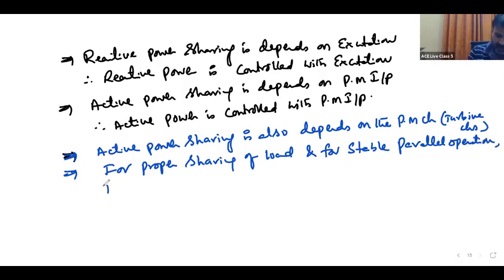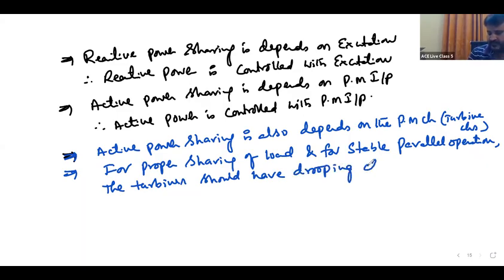the turbines should have drooping characteristics. For proper sharing of load, they should have drooping characteristics.